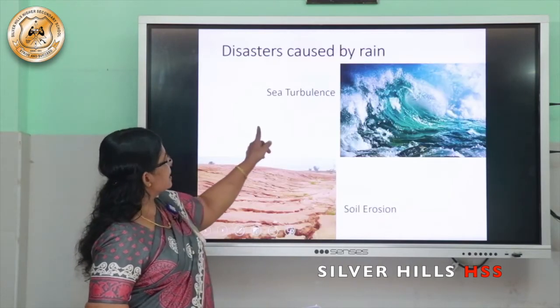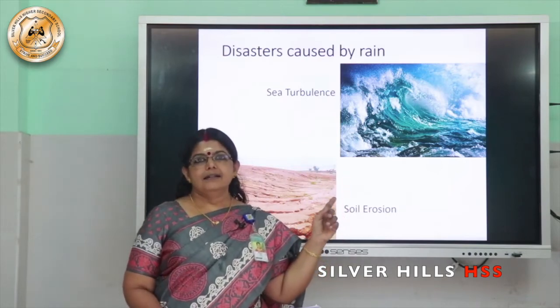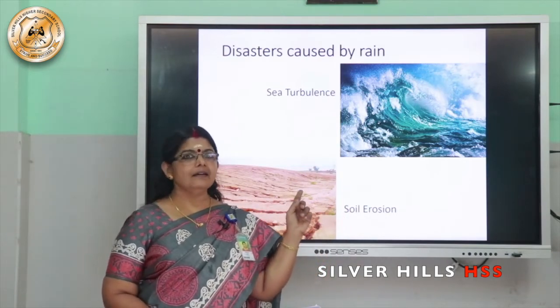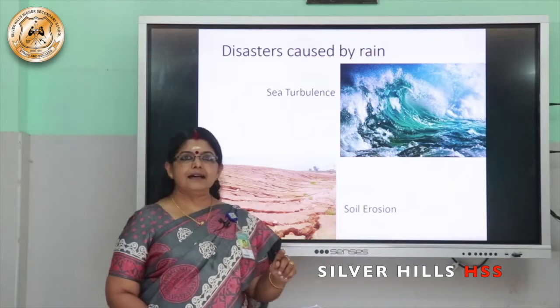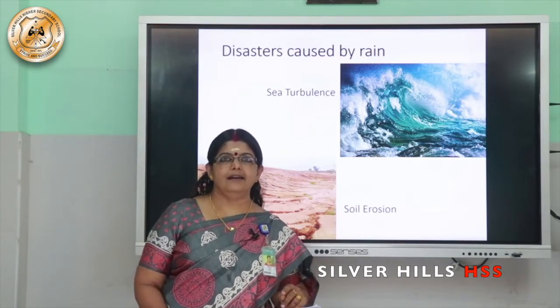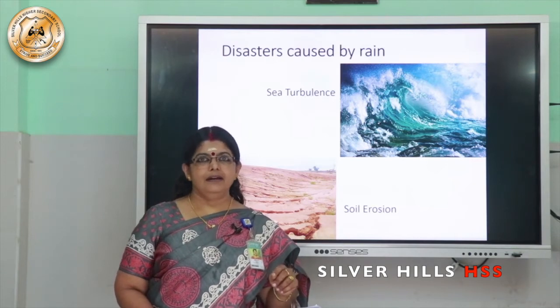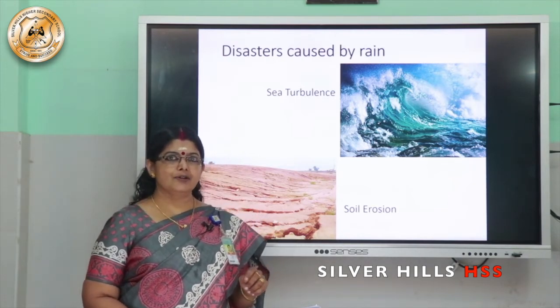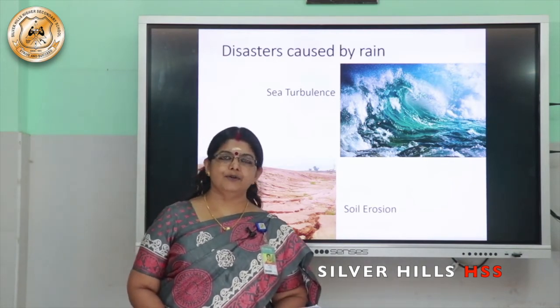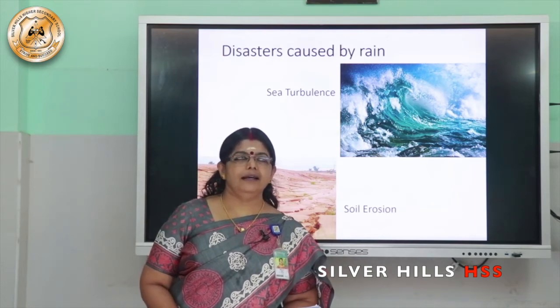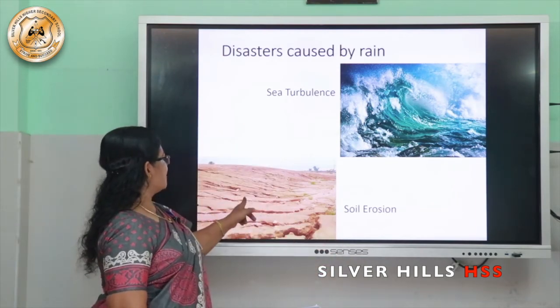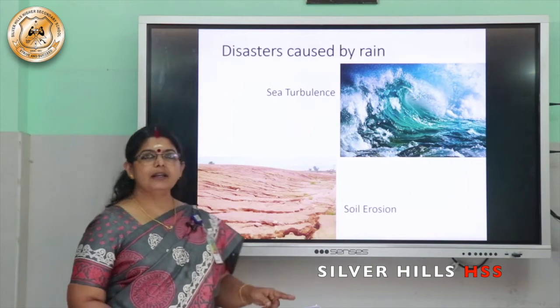Then sea turbulence. Sea turbulence is another disaster caused by rain, for example, tsunami. All of you have heard of tsunami on television, in newspaper, etc. Then next one is soil erosion. What is soil erosion?